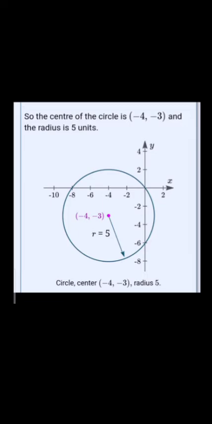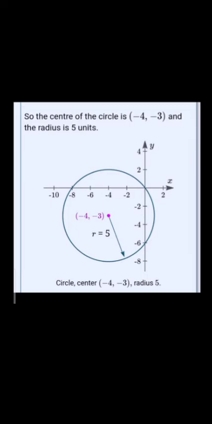And since that is 5 units, we are going to move 5 units from our dot, or from our center, to the right, to the left, up, and down. And then we are going to connect those dots to form a circle, wherein our center is -4 and -3, and our radius is 5 units.